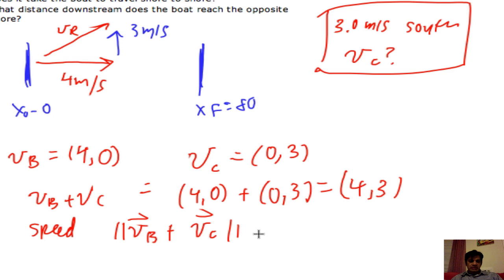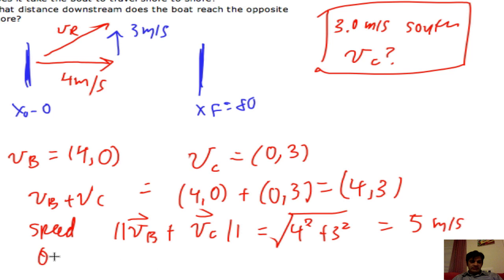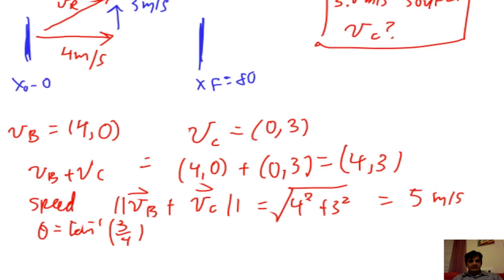Get that word learned. I'm sick of you not knowing it. Get the word magnitude learned, which also means the length of the vector. That's 4 squared plus 3 squared, all under a square root. And that would be 5 meters per second. And of course, to get the angle, that would be the inverse tangent of 3 over 4. You can plug that in your calculator and find out.